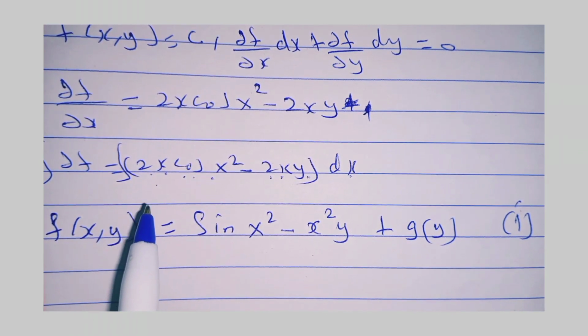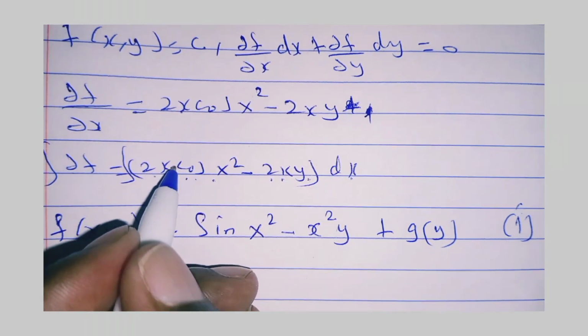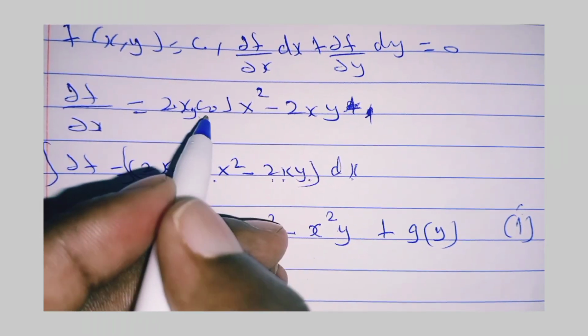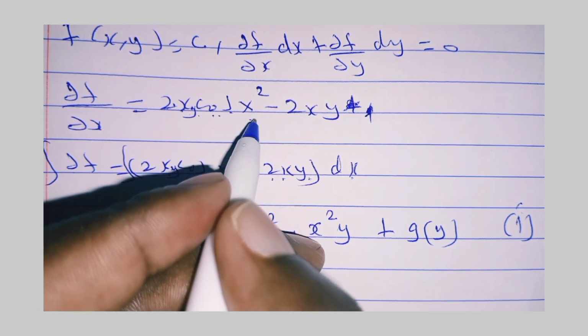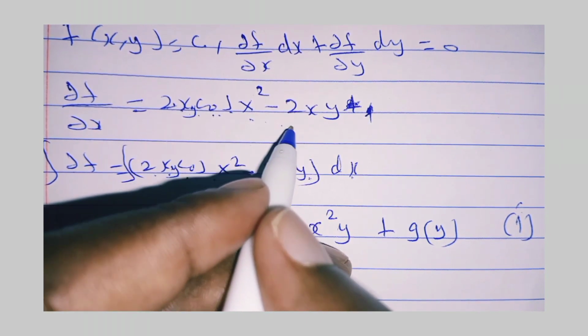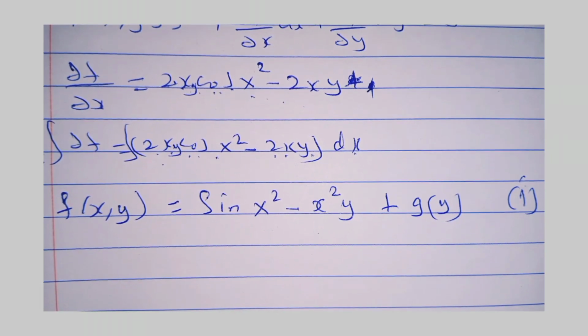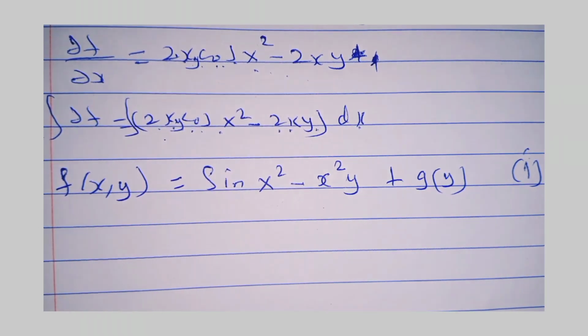How are we arriving at the result when you have 2xy cos(x² − 2xy)? On how to integrate that, kindly check my YouTube channel so that you may see how that has been worked.